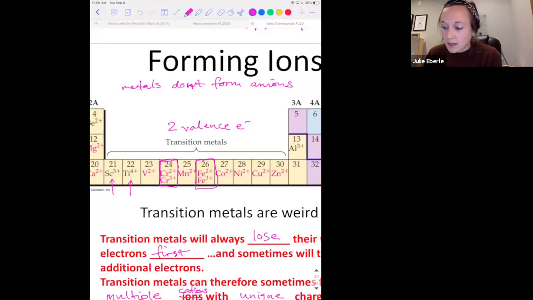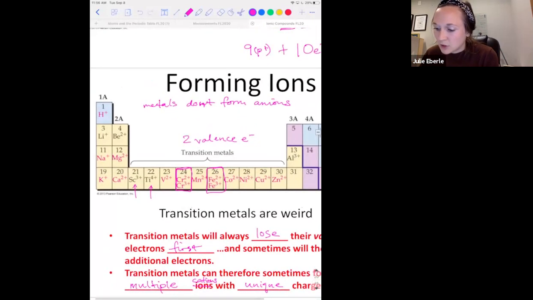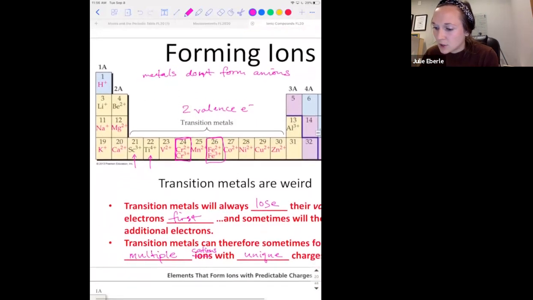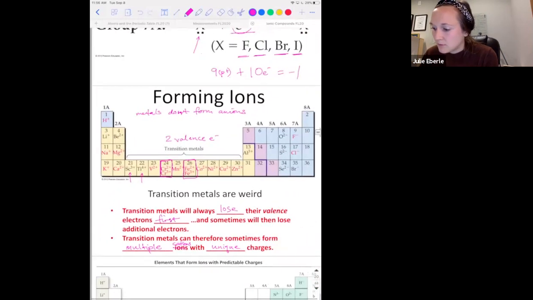You could have an iron +3 cation. Now, some of them don't do this. Some of them only lose 1 or 2 electrons, and they'll have a set charge. But some of them form multiple cations with unique charges. And that's what this periodic table is showing you, the charges that they often form.